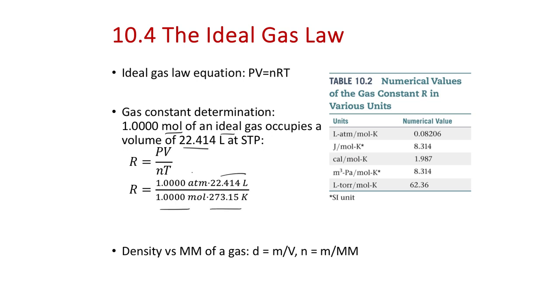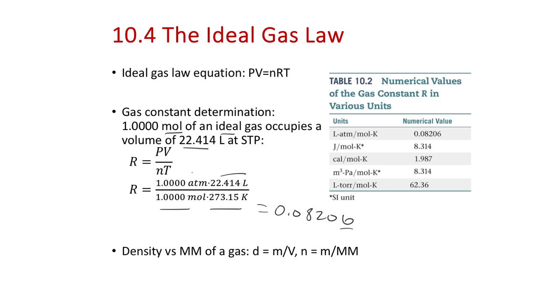So if we do that math, if I take 22.414 and I divide it by 273.15, I get 0.8206. If I just round this to 4 sig figs, is generally what we're going to use.